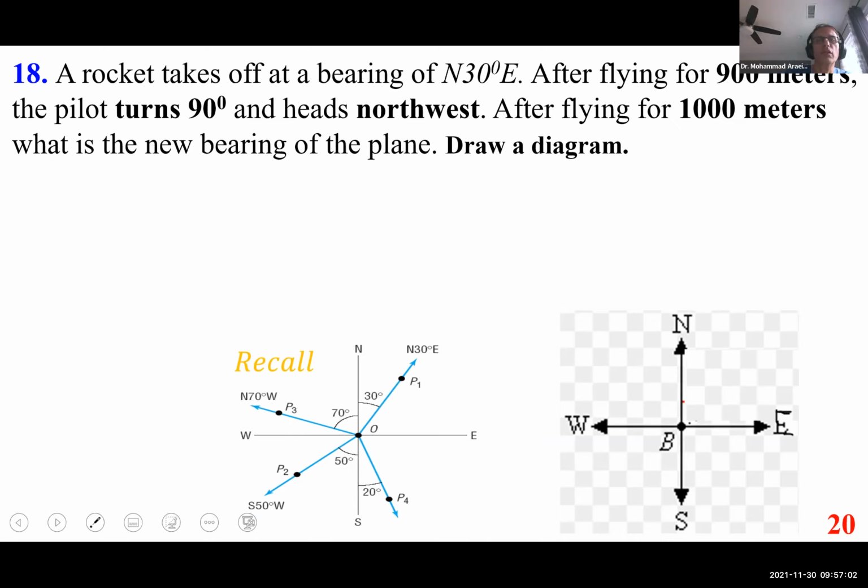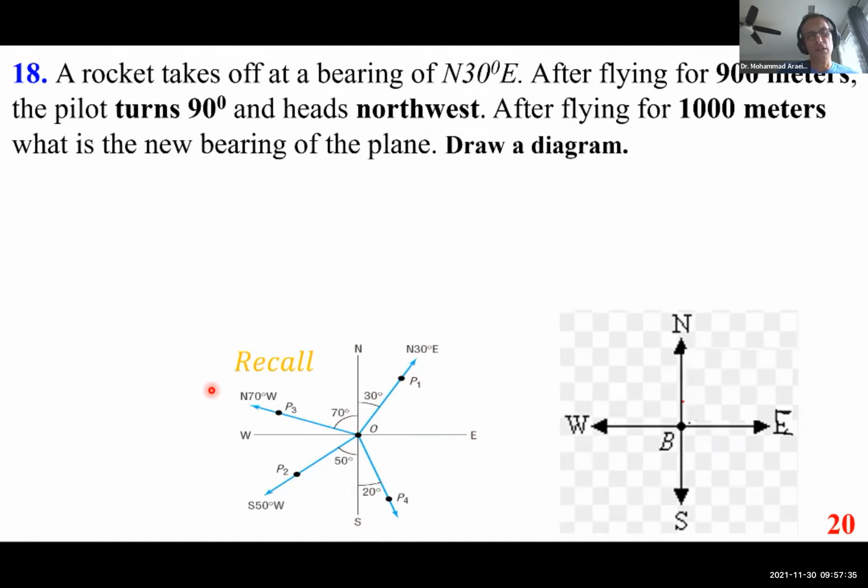Bearings start with either north or south. Either north or south comes first. And there's some sort of an angle that makes with the north or south. And we show the direction by saying it's east or west. For example, if we first mention north and then we mention east, in between goes the angle that it makes with the north-south, which is 30 degrees.